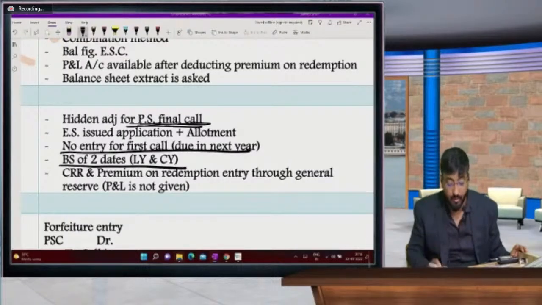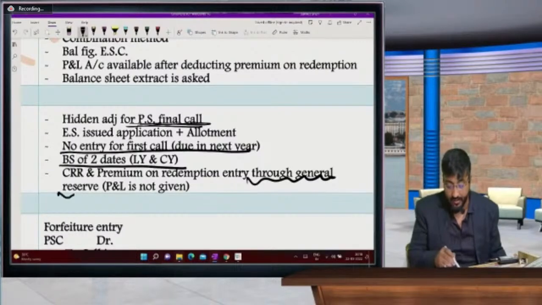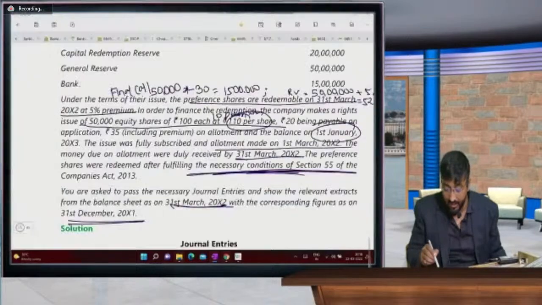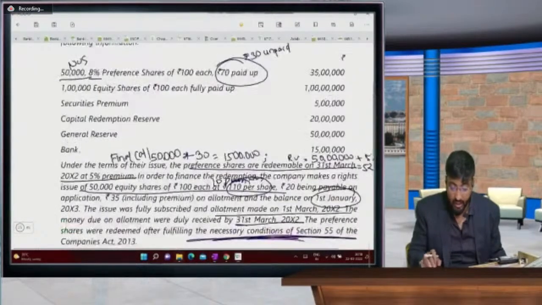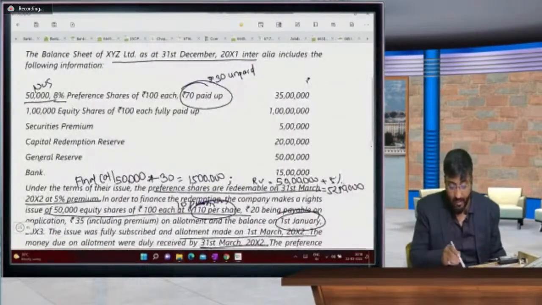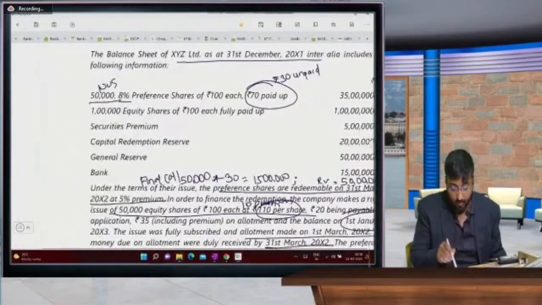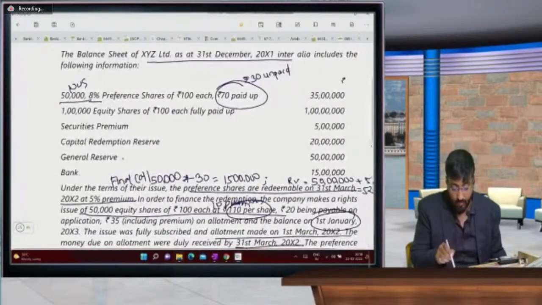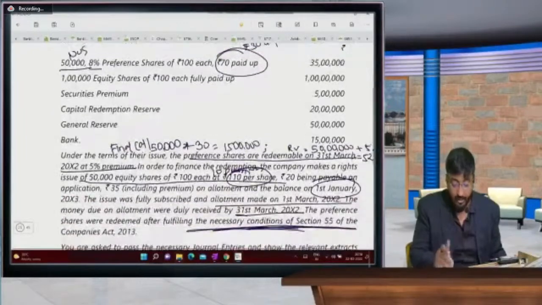Sorry, important point. Balance sheet has 2 dates, current year and last year. CRR and premium on redemption entry through general reserve, as P&L is not given in the question. You can check here, there is no P&L. There is general reserve. So free reserves is general reserve.